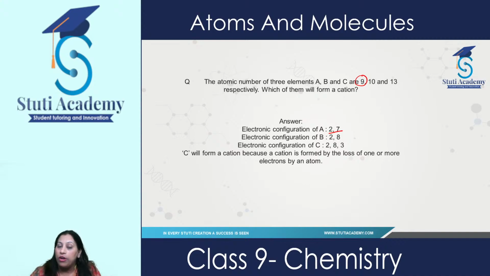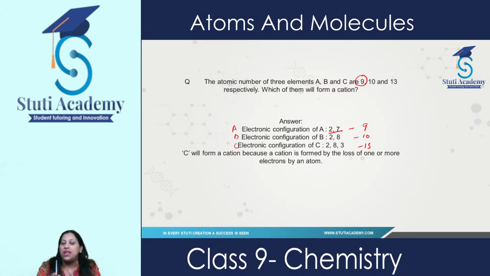Now the electronic configuration of B is 2 and 8. And the electronic configuration of C is 2, 8, 3. A has 9 electrons, B has 10 electrons, and C has 13 electrons. Now look at these A, B, C.